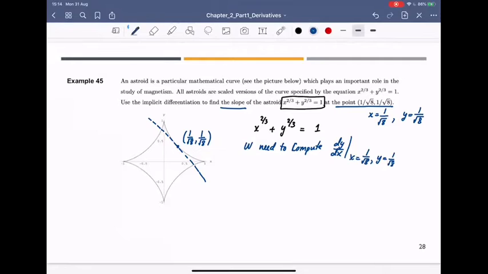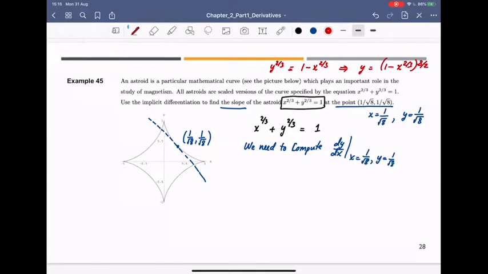If you don't know the implicit differentiation technique, what you can do is say, hey, y to the 2/3 equals 1 minus x to the 2/3, and then y equals (1 minus x to the 2/3) raised to the 3/2.